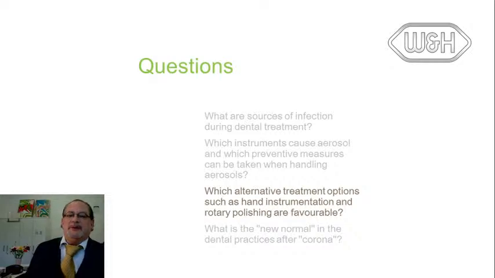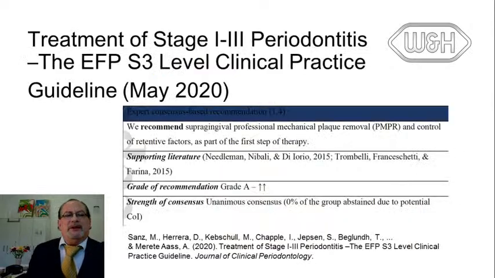Which alternative treatment options, such as hand instrumentation and rotary polishing, are favorable? There we have the treatment of stage 1 to 3 periodontitis, EFP guideline dating back to May 2020, so it's very current. And of course it is recommended that in the first phase of periodontal treatment, plaque removal should be done and control of retentive factors should be part of the first step of therapy.